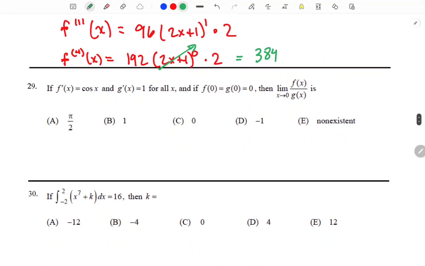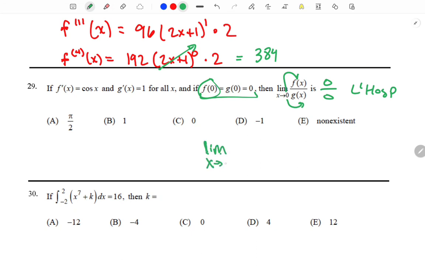All right, we have f prime of x as cosine of x, and g prime of x as 1. We know that if f of 0 equals g of 0 equals 0, then the limit as x approaches 0 of f of x over g of x is equal to what? So when I plug in 0 here and 0 here, that is 0 over 0, which is L'Hopital's. So what that basically means is that we're going to take the derivative of the top and the bottom.